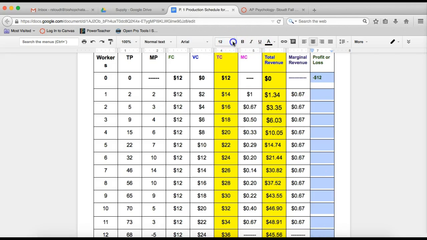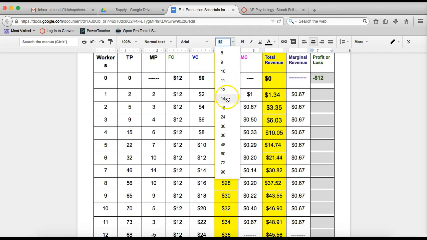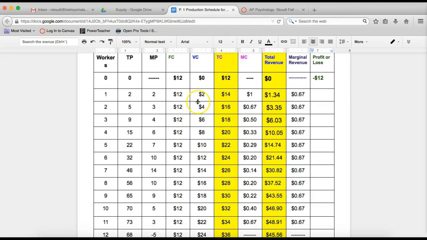And for some reason, my numbers are very small. Now we're getting into actually selling stuff. At 1 worker, our total revenue was $1.35, and we have to subtract $14. So again, this is a loss of $12.66. Now at 2 workers, we're going to take $3.35 minus $16, and again, obviously it's a loss of $12.65.